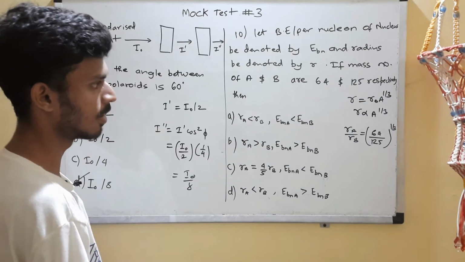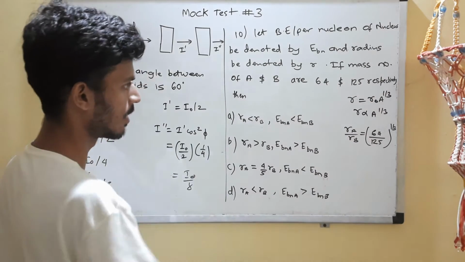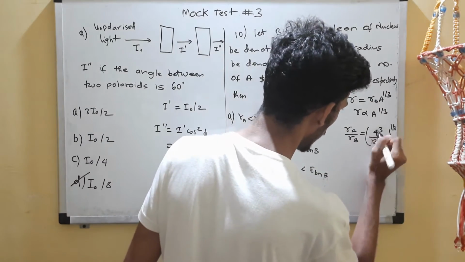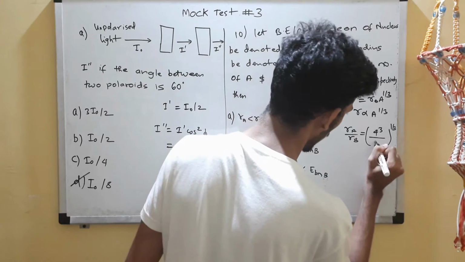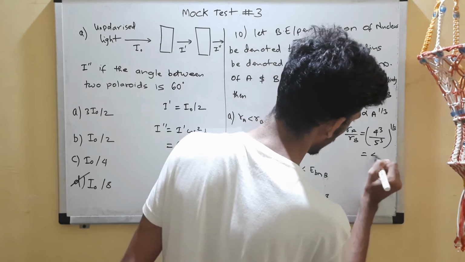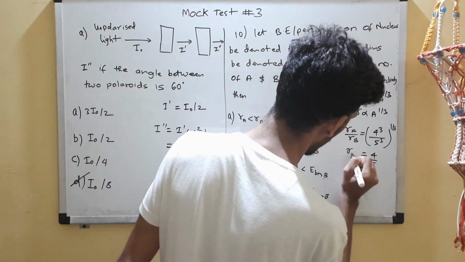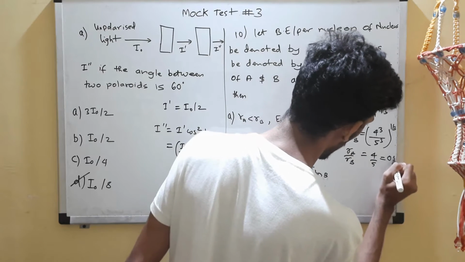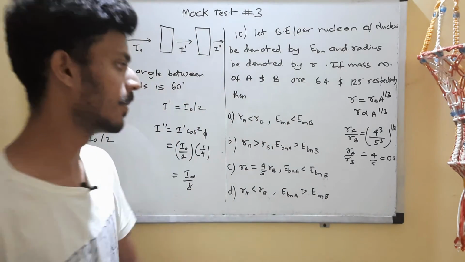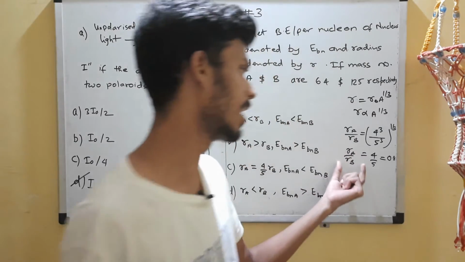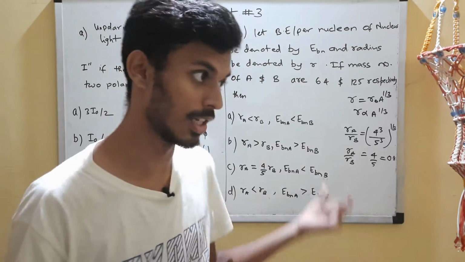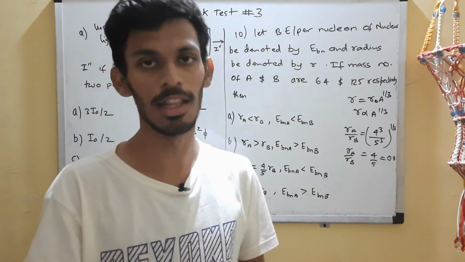This is also simple because 64 is 4 to the power 3 and 125 is 5 to the power 3. So this simply becomes 4 by 5. So the ratio RA by RB is around 0.8. So you can make a guess that RB is bigger than RA, because the ratio is less than 1, so the denominator is bigger than the numerator.